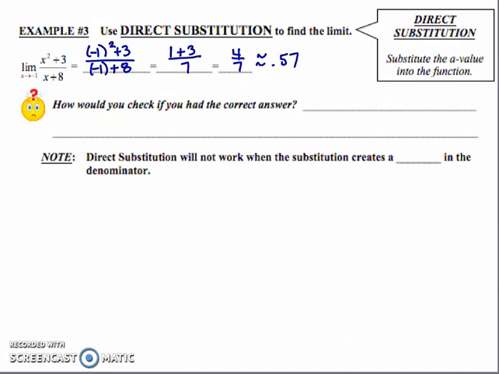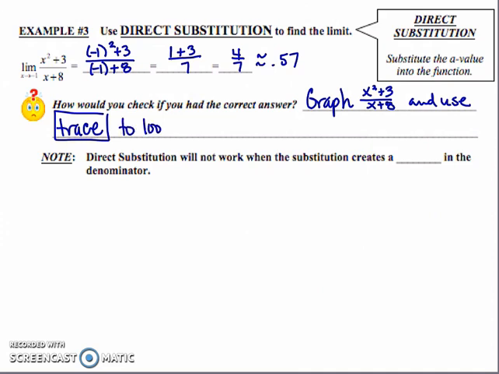And how could you check if you had the correct answer? Well, one thing that you could do is graph your x squared plus 3 over x plus 8 and use the trace key on your calculator to look at both sides of -1 and make sure that as x is approaching -1, the value of the function is approaching 0.57.